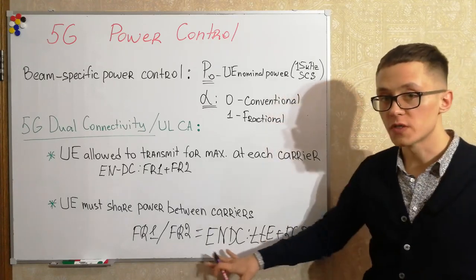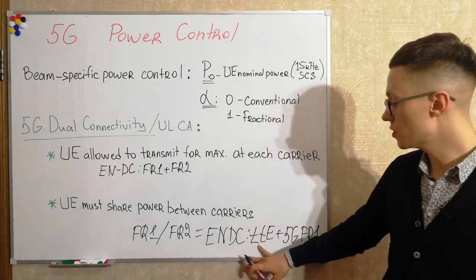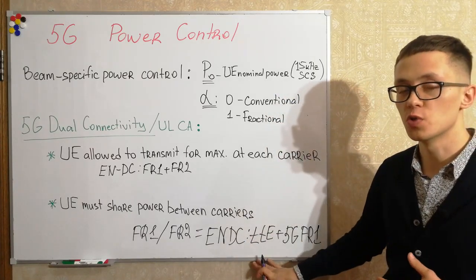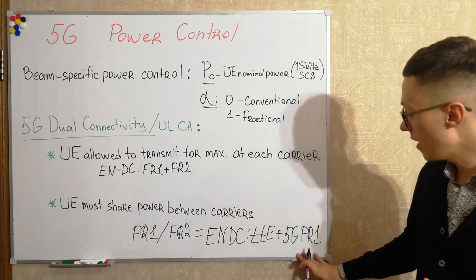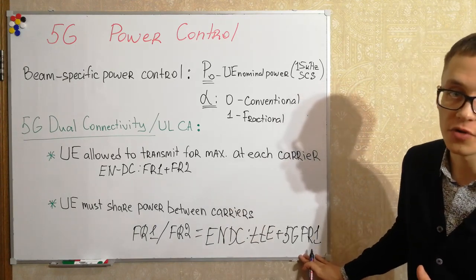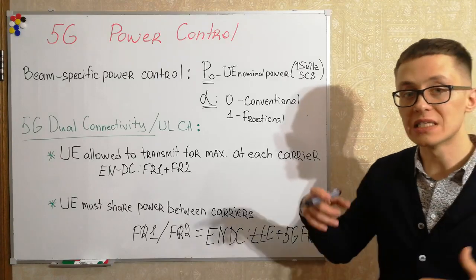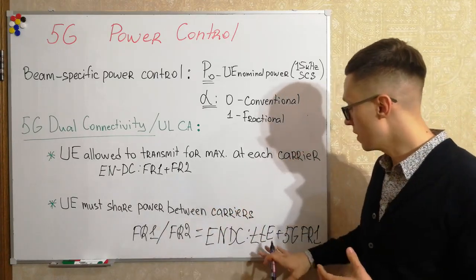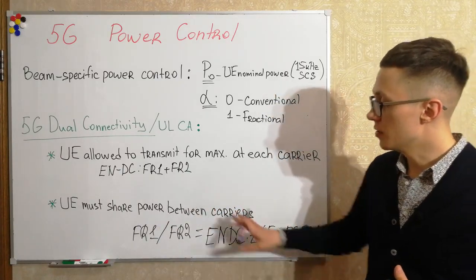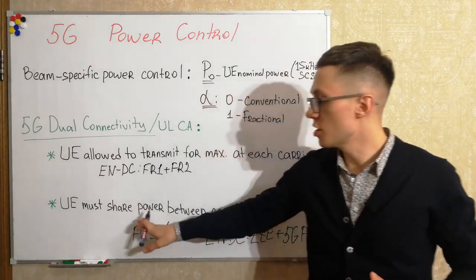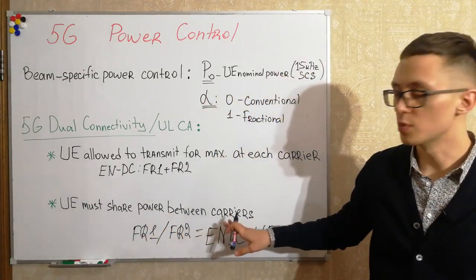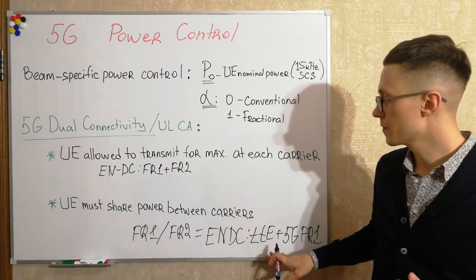Why? Because LTE always refers to FR1, and 5G uses FR1, for example, in our case, let's say C-band. In this case, the user must share power in uplink between carriers.